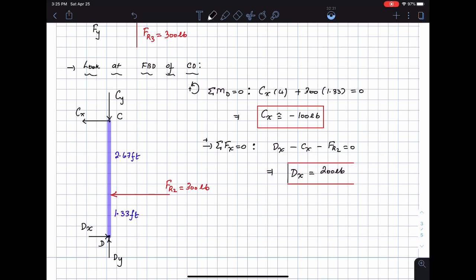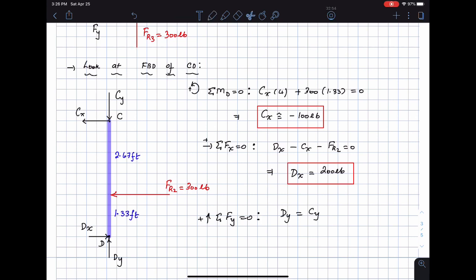One more equation that I can obtain, I'm going to draw this in the red color, is the relationship between Dy and Cy by summing forces in the y direction. If I sum forces in the y direction and set them equal to 0, what I end up getting is Dy is equal to Cy.